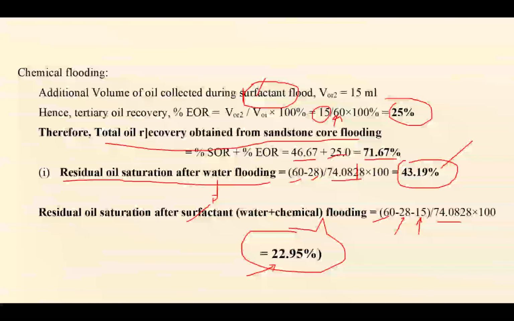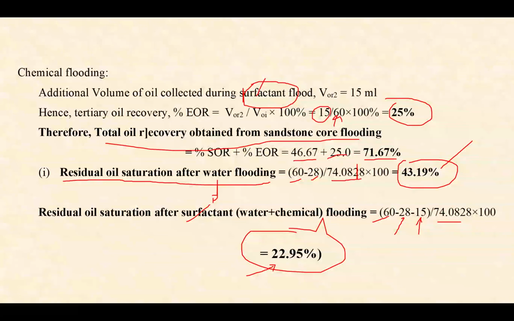So this is a typical problem for polymer flooding. The same type of problem you'll get if you go for some study with the surfactant, with the alkali, or a combination of the surfactant and polymer, etc. And obviously, what is the mechanism here, why are you getting this additional recovery?